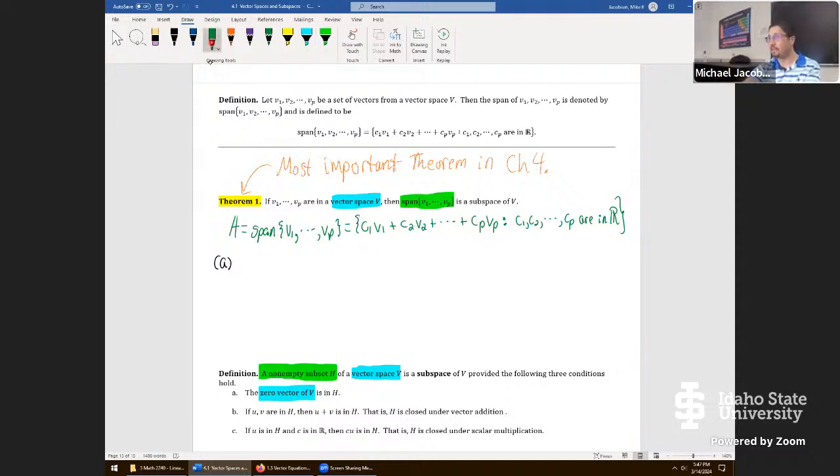Let's say pick, or you could say set. I want to go to all these scalars and pick C1 equals C2 all the way through CP to 0.